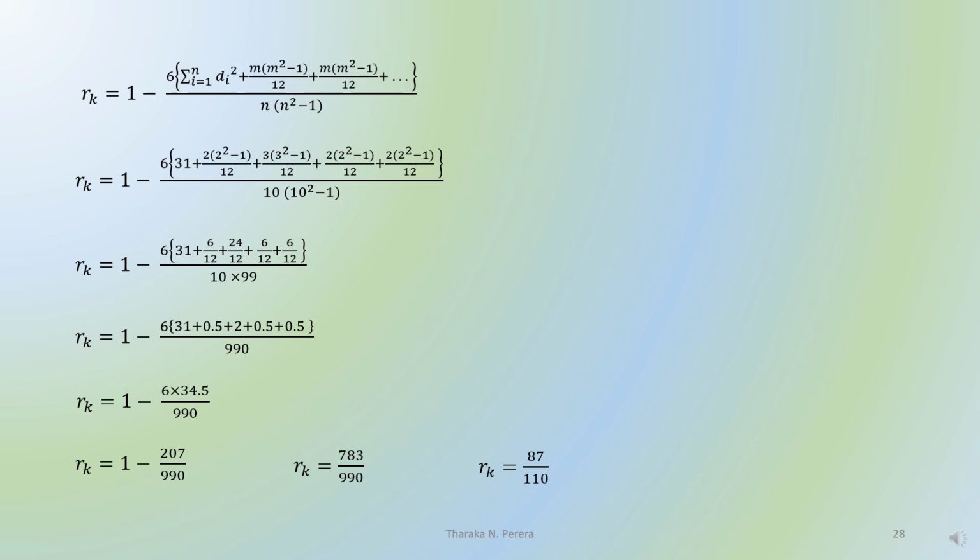After simplifying up to this step, it is good to give the answer as a decimal value rather than a fraction. So I put the answer as this: the rank correlation coefficient equals 0.79. Since it is +0.79, we can interpret that there is a strong positive correlation between the votes of people and the marks given by the judge.